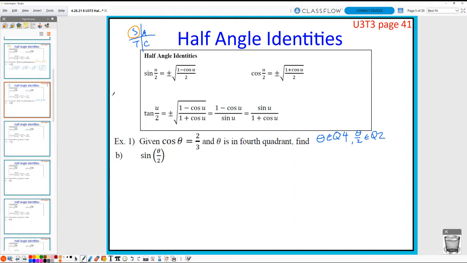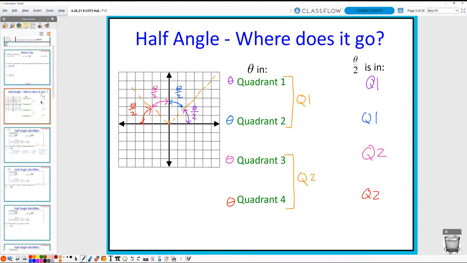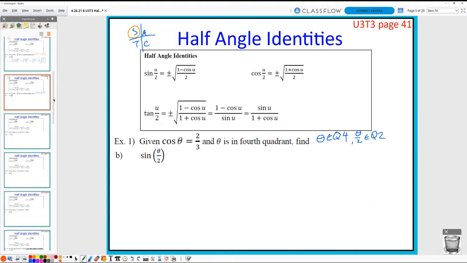In fact, because every single one of these goes to quadrant 1 or 2, at least for us, because we don't really go beyond 360, we're always going to be in the positive sign. So I'm going to just, again, rewrite this using the positive version here. This is equal to, for now, I'll write the positive just to show that I'm actively choosing the positive version.